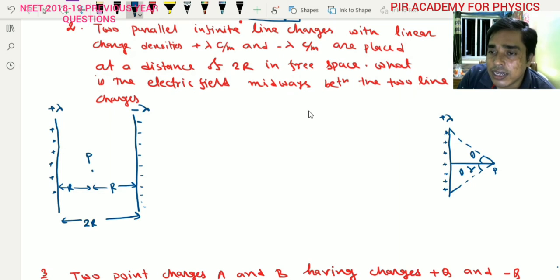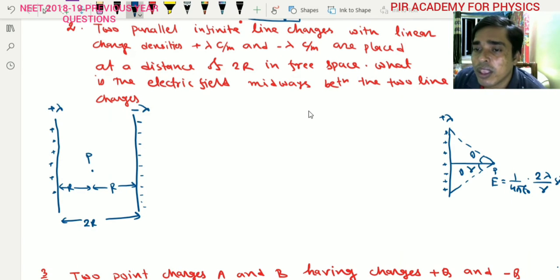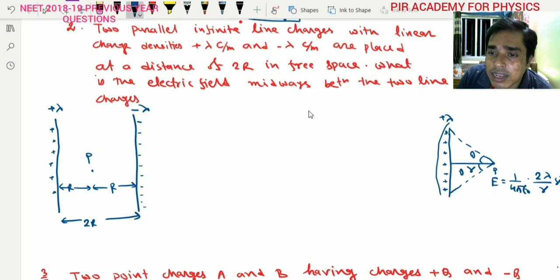Then the electric field, you may calculate, will be 1 by 4 pi epsilon naught into 2 lambda by r into sine theta. When the line will be infinite, then for an infinite line this theta will be 90 degrees.